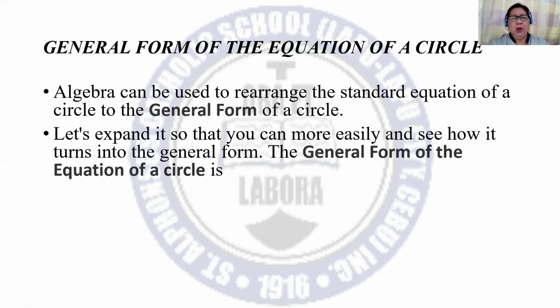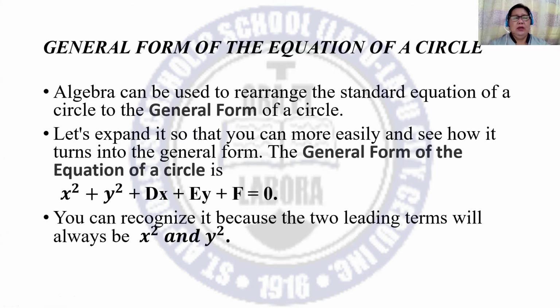The general form of the equation of a circle is x squared plus y squared plus dx plus ey plus f is equal to 0. You can recognize it because the two leading terms will always be x squared and y squared.